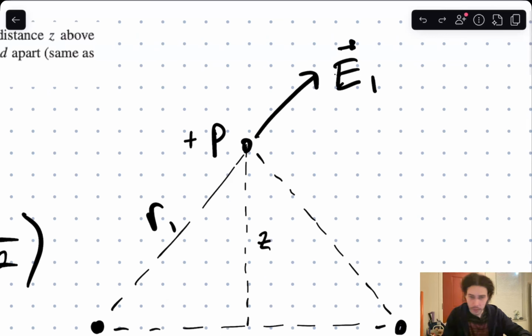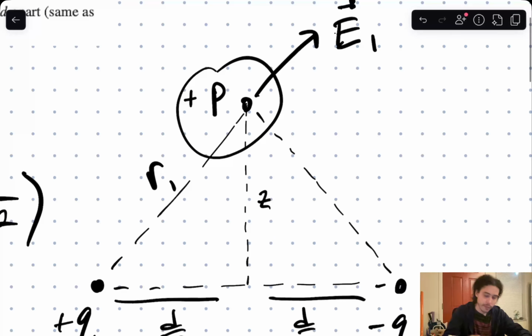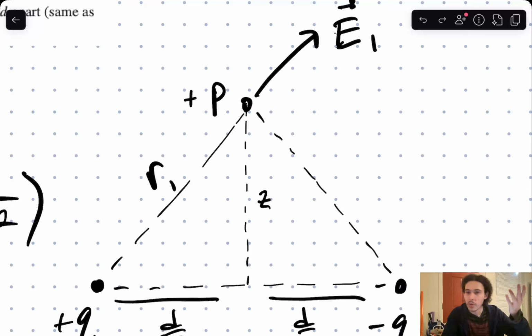So in this case, we have, philosophically, a positive charge. If there was a charge there, it'd be positive, and it would go towards the negative. Okay? And I'd call this E2. Let me go ahead and put this vector somewhere over here.